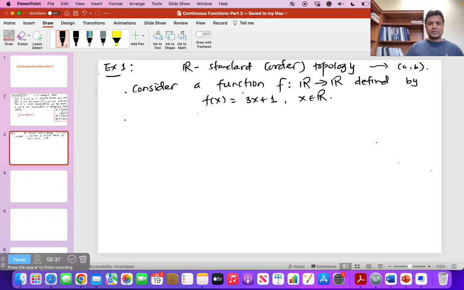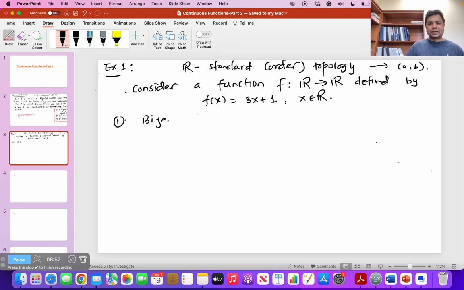Now here, this function f is a homeomorphism. We are claiming this function is a homeomorphism. As I said earlier, if this function is a homeomorphism, it should satisfy those three conditions. The first one is bijective.